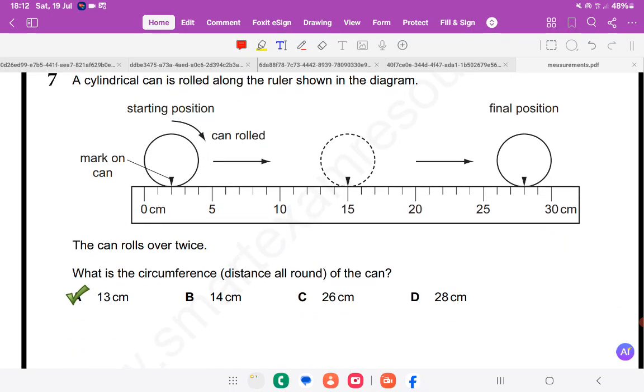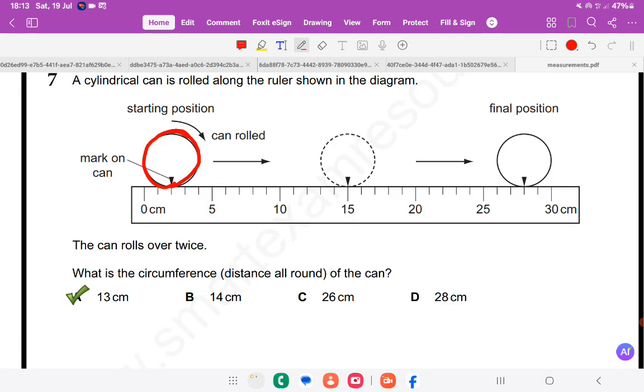What is the circumference or distance all around of the can? Circumference is simply the distance around the circular body. In this case, we are looking at this whole distance back to that point. What is the length? That's what we are being asked to work out.